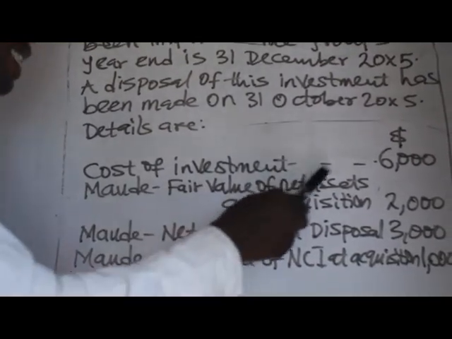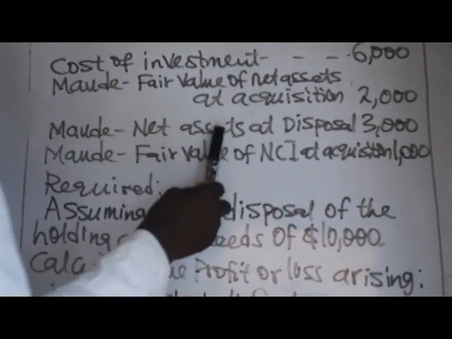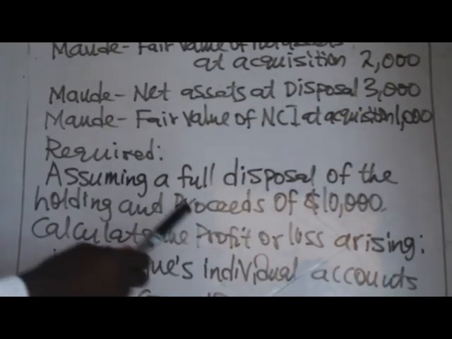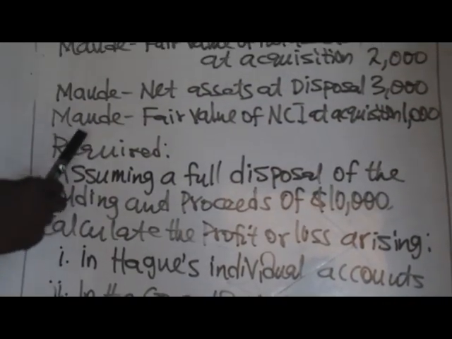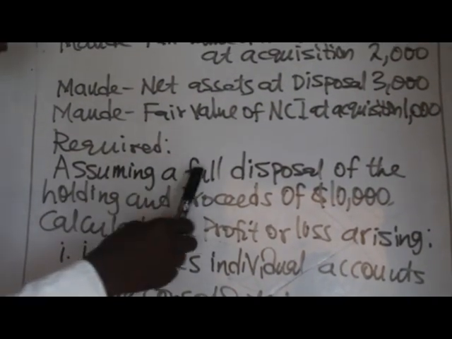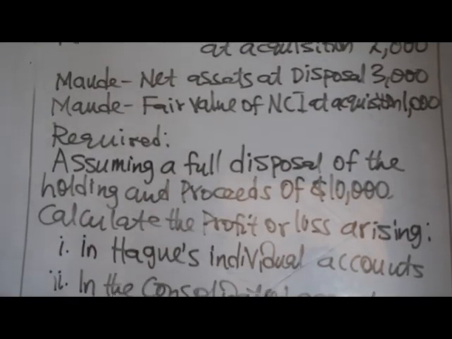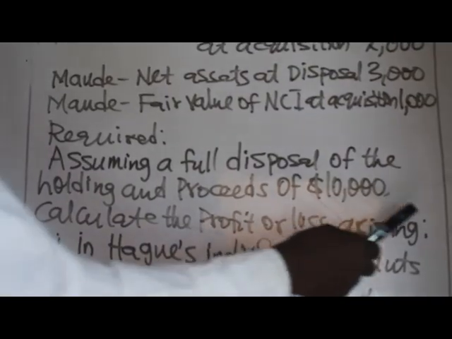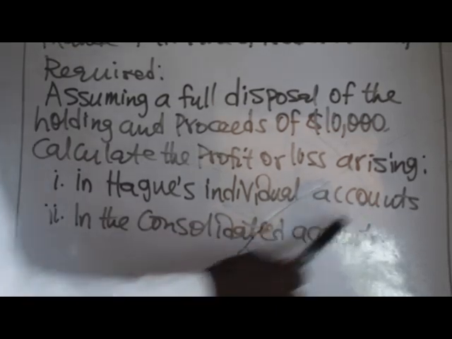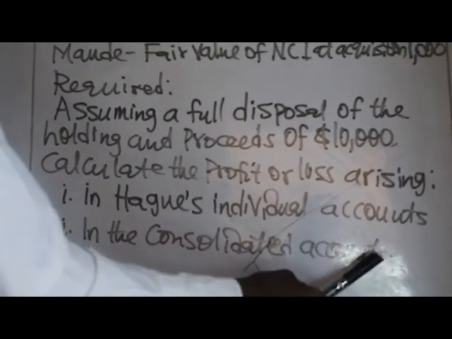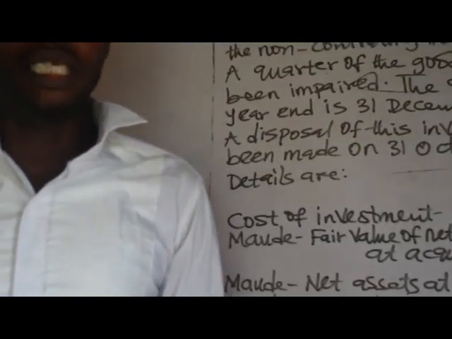Mailed fair value of net assets at acquisition $2,000. Mailed net assets at disposal $3,000. Mailed fair value of NCI at acquisition $1,000. Required: assuming a full disposal of the holding and proceeds of $10,000, calculate the profit or loss arising 1) in ACCA's individual accounts, 2) in the consolidated accounts. This question is obtained from the Kaplan ACCA study text.